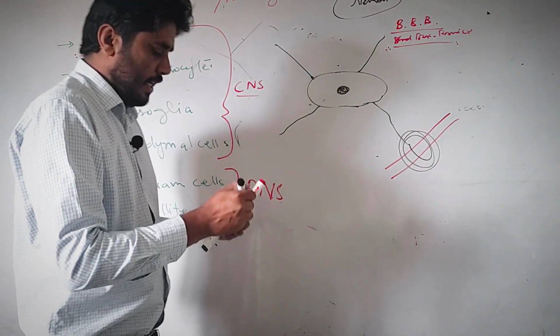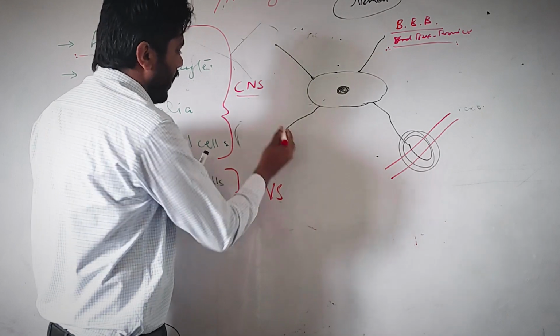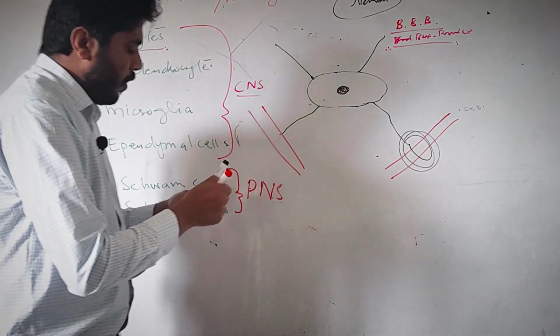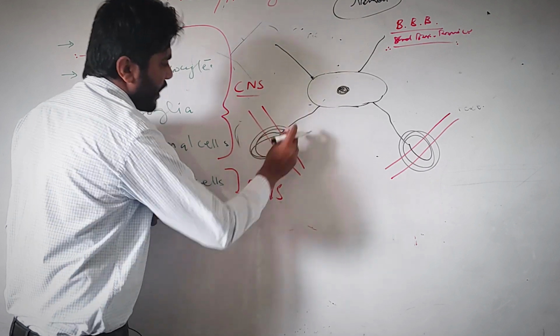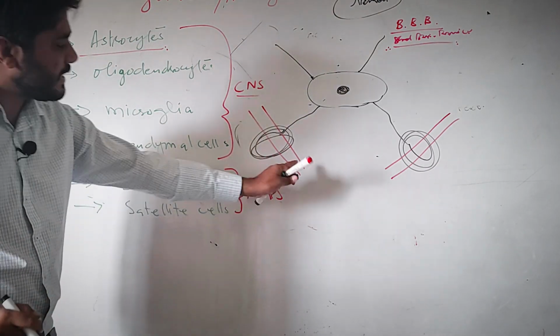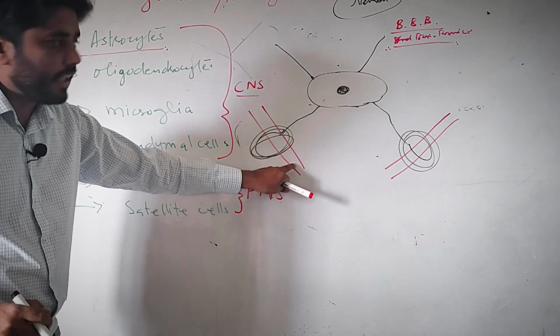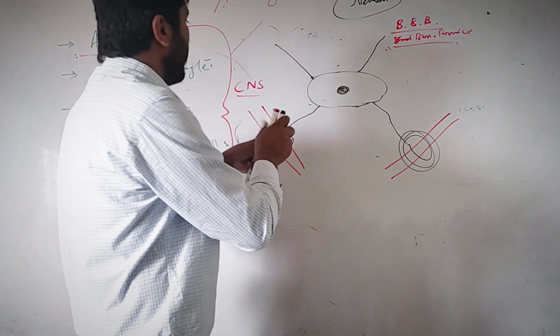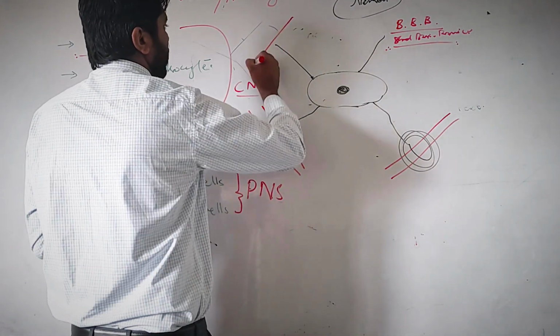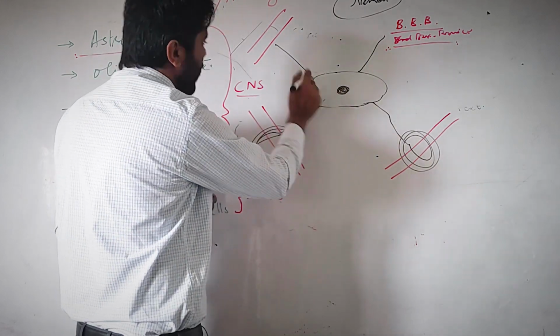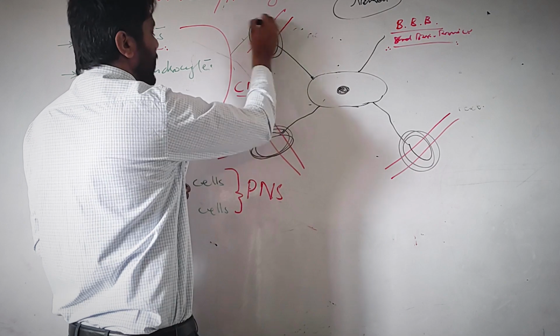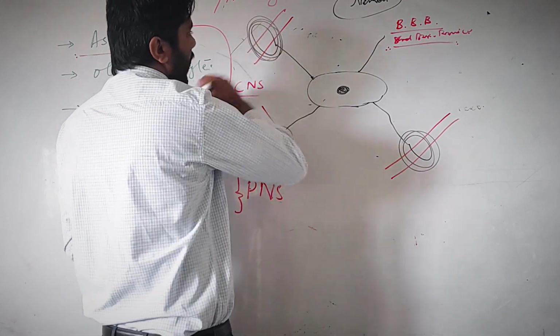That's clear. If there is another axon moving from here, this projection will wrap around that axon. Similarly here, if it is another axon, so these cellular projections of the same oligodendrocyte can myelinate or cover this axon.